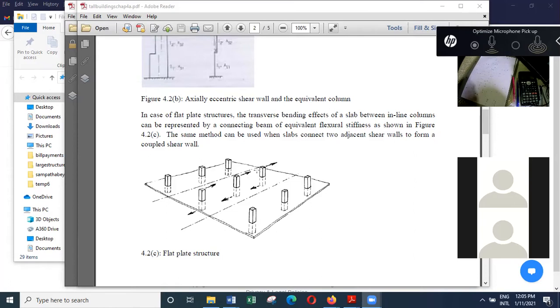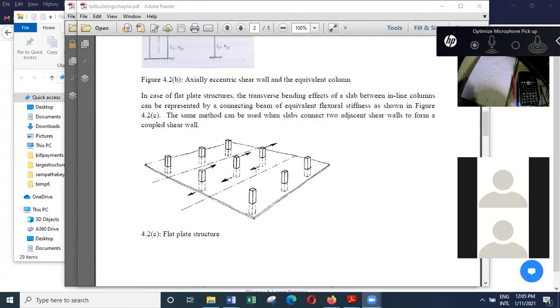But when it comes to lateral load analysis, sometimes it's not good to consider the full width of the panel as effective. So we have to find the width that would be effective in resisting the lateral loads.